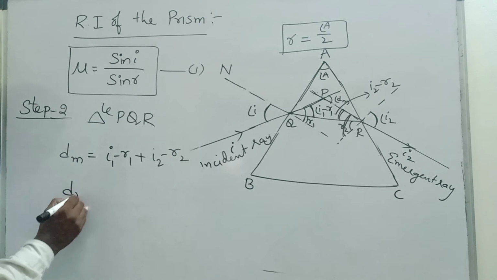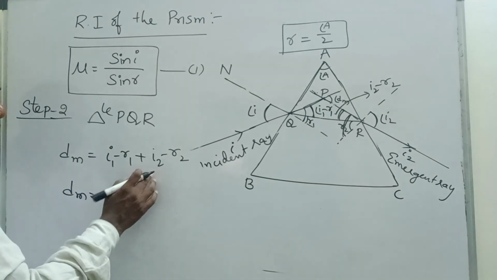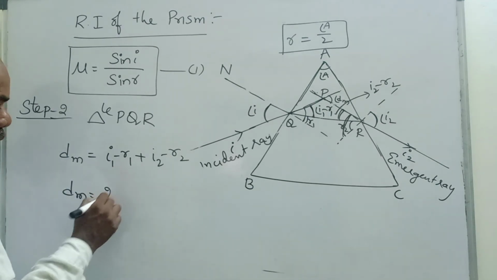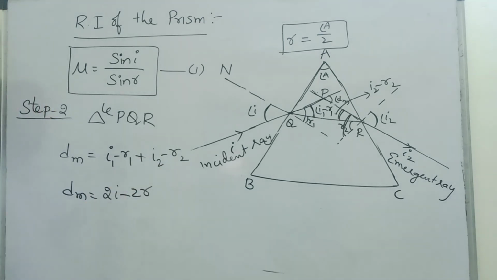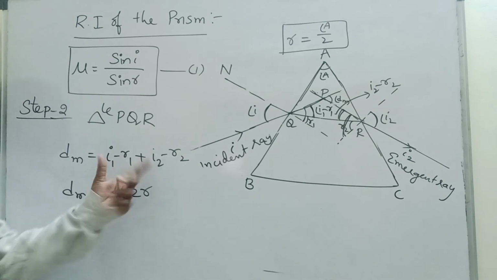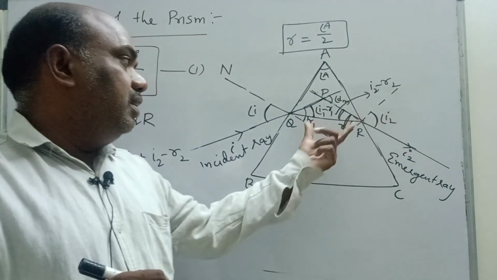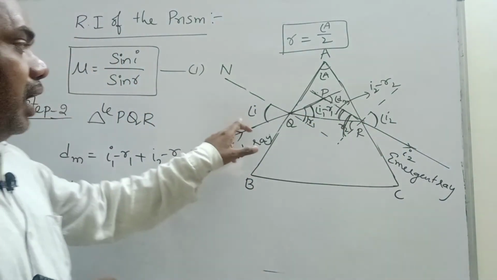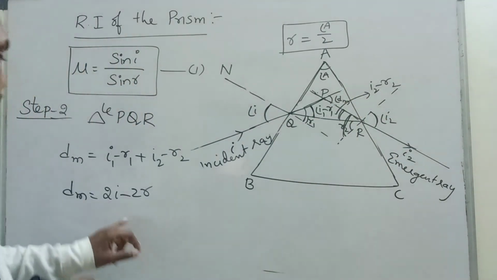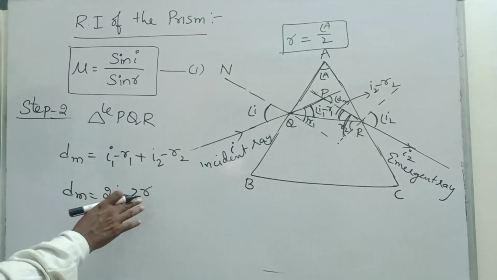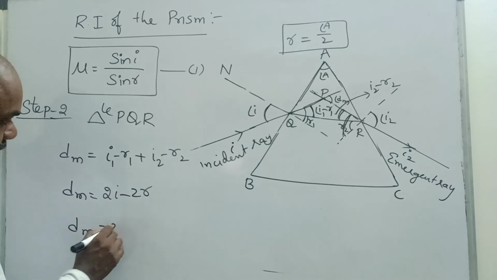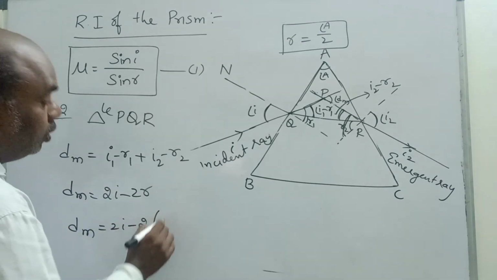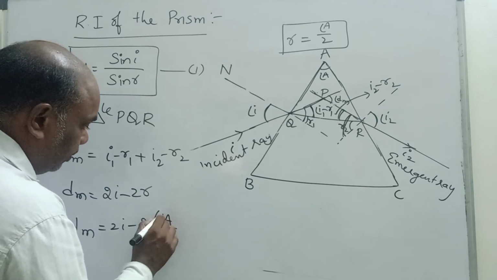At minimum deviation, we know the condition: I1 value and I2 value, I plus I is 2I, minus R plus R, 2R. Now only we saw the condition. At minimum deviation, these two angles must be equal. So I1 is equal to I2 is equal to I, and R1 is equal to R2 is equal to R. But the R value we got, so DM is equal to 2I minus 2 into angle A by 2.